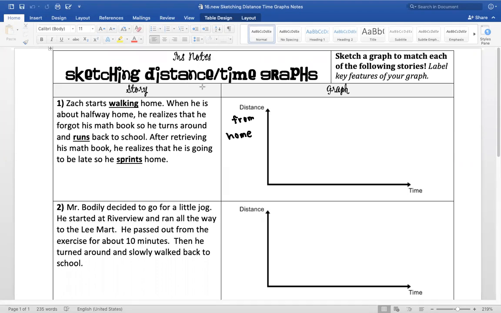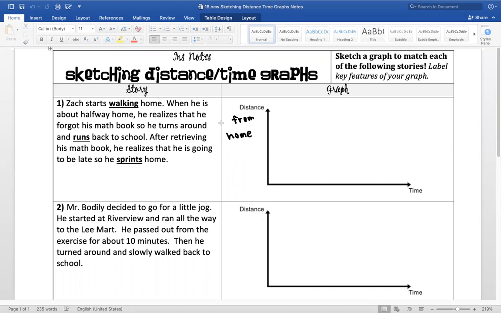Let me just double check that your paper has that. It doesn't, but you are going to write it in there. So if that is his distance from home, you are going to show that he is walking toward home. So if he's walking toward home, you can't say that he started at home. We cannot put our dot down here at the bottom. We need to put our dot up here at the very top.